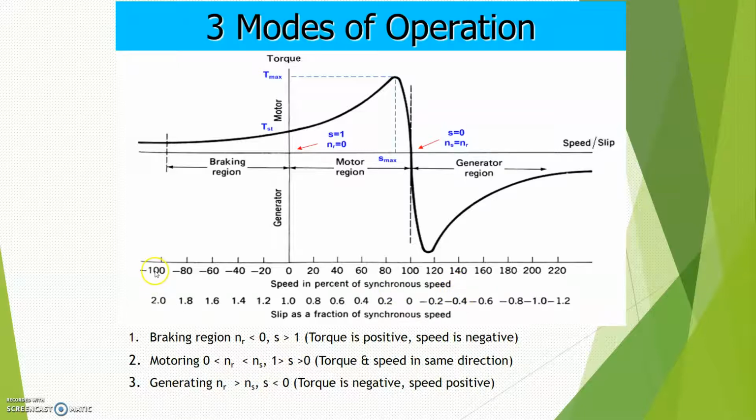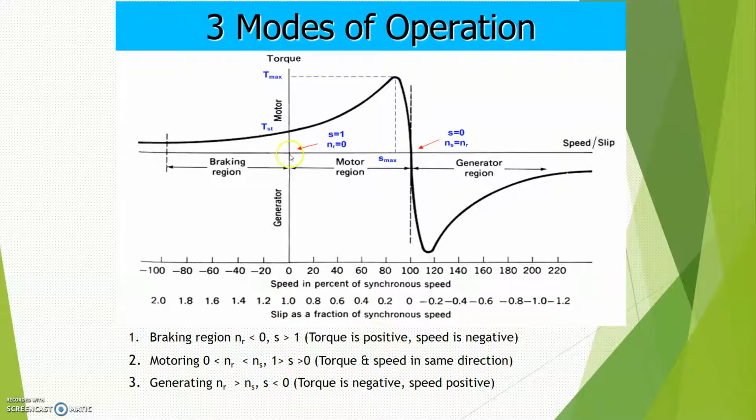The x-axis can also be represented by the slip as a fraction of the synchronous speed. When the speed is equal to 0, the slip s is equal to 1. When the speed is negative, the value of the slip is higher than 1.